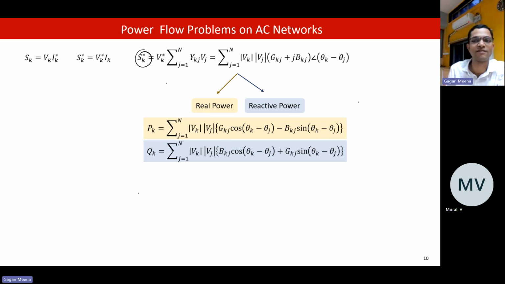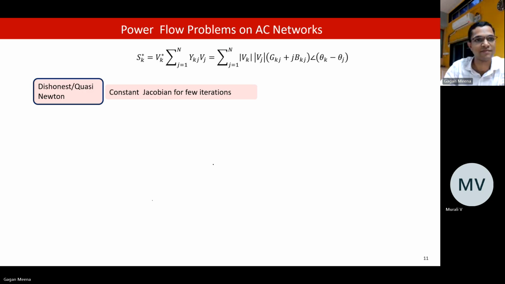In rectangular coordinates, we will have a real and imaginary part, A plus jB. This will be the real part of voltage, and this will be the imaginary part. In polar coordinates, we have magnitude and angle, but in rectangular coordinates, we have real and imaginary parts.